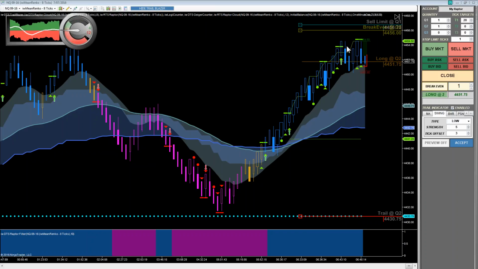Getting a whole lot of pressure here around this 44.55-ish area. Got a double tap on there now. You see how they rejected that price twice. We need to get somebody on the other side of 44.55.